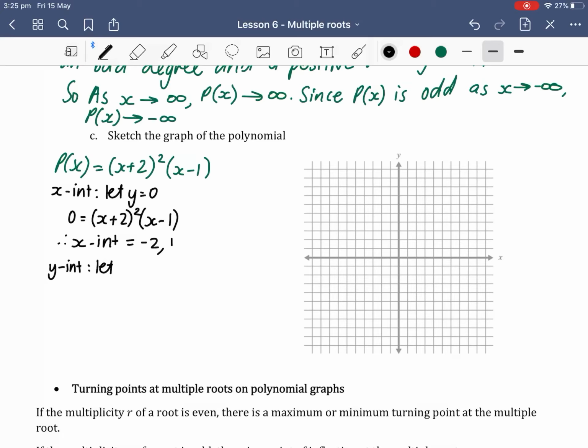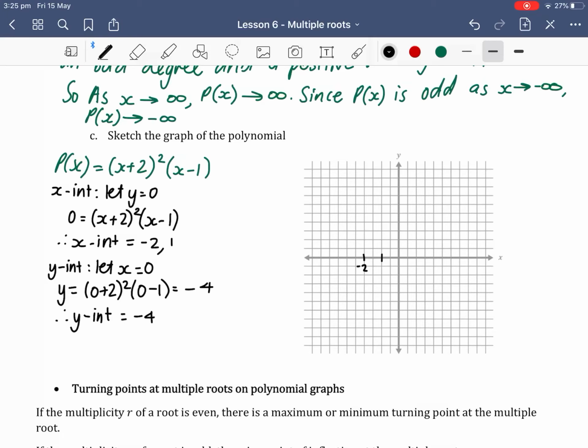Let x equal 0. So y equals (0 + 2) squared times (0 - 1), which gives a y-intercept of negative 4.